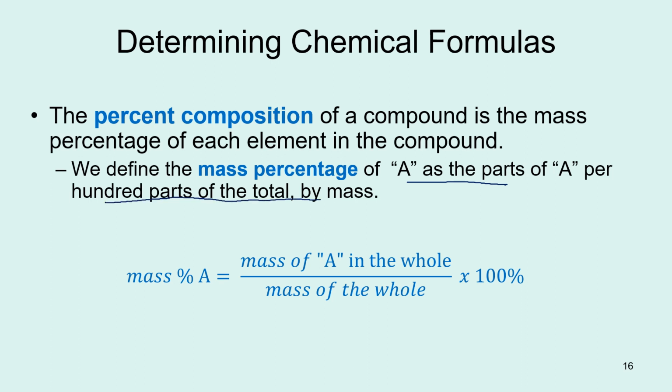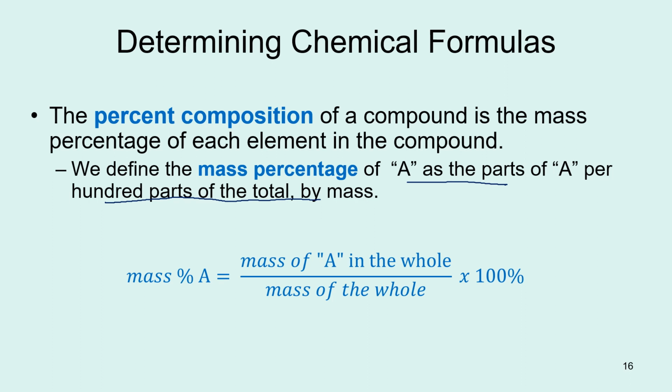In other words, parts of A per 100 parts of the total. So the mass percent is the mass of A divided by the mass of the whole thing times 100%. Just like any percent composition, the part divided by the whole times 100.